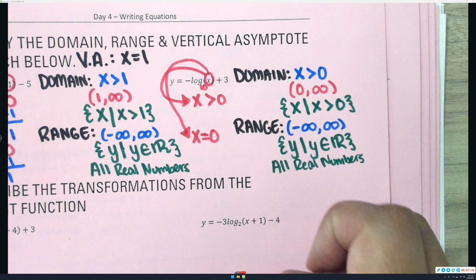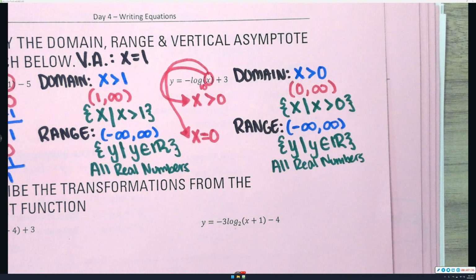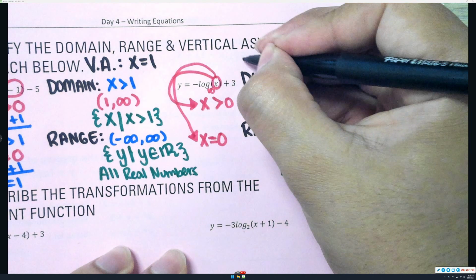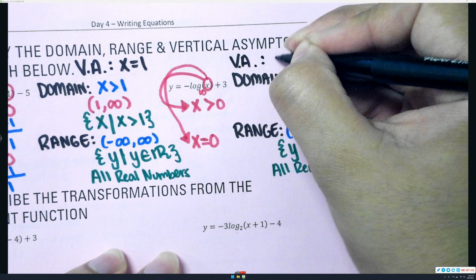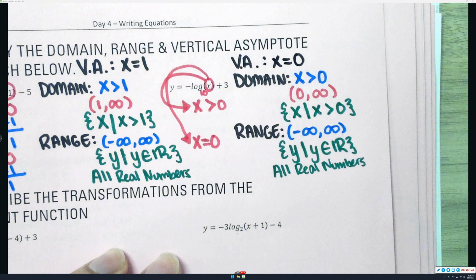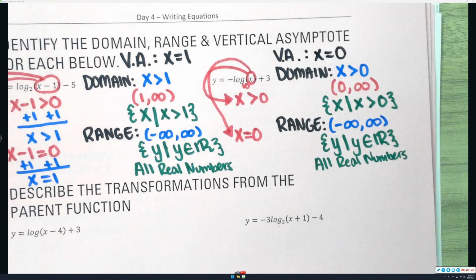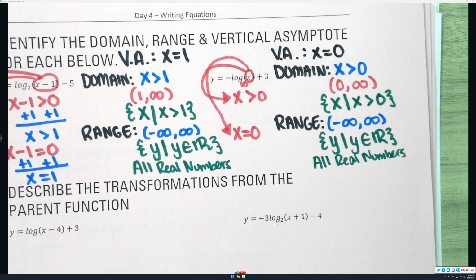So we have found the vertical asymptote, okay? So let's go ahead and label that. The VA for shorthand notation is going to be x equals 0. And look at that, guys. We were able to identify the domain, the range, the vertical asymptote without the use of a calculator, okay?